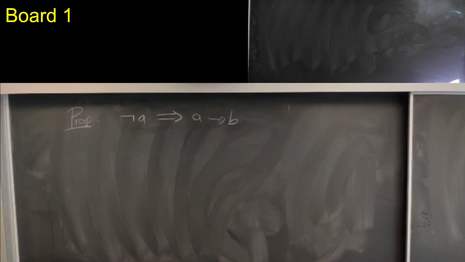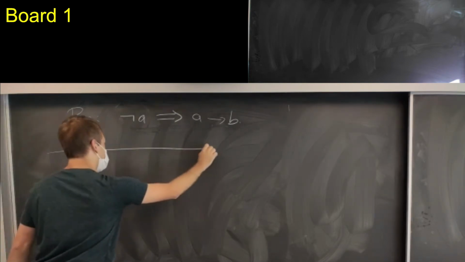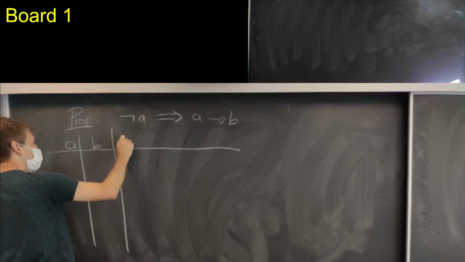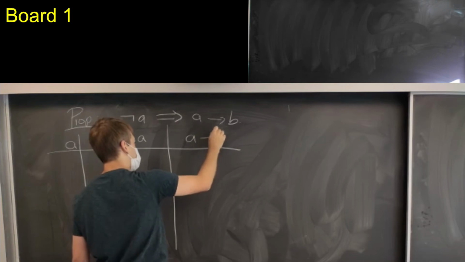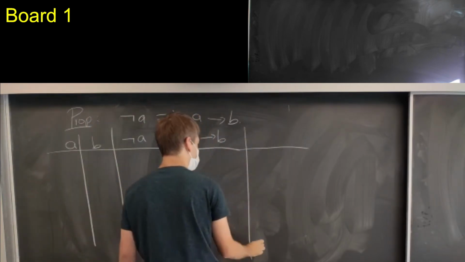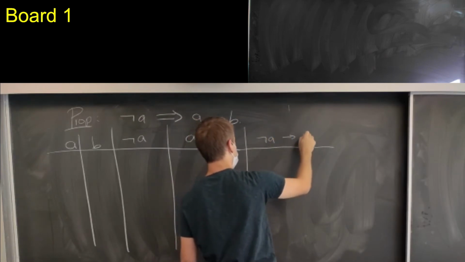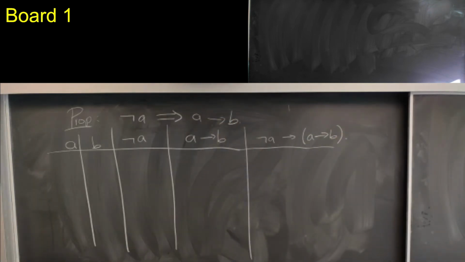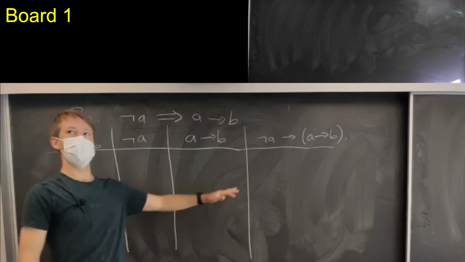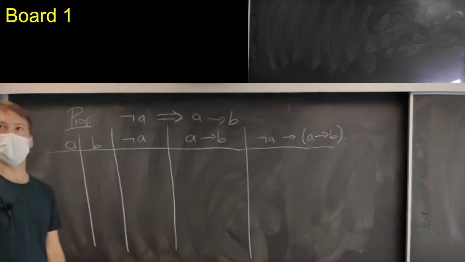But let's formally verify this with the truth table again. So we got A, B. Let's go with not A, and let's do A implies B. And then I'll make a column for not A implies A implies B. If you don't want to write this last column, at the end you can just argue that everything worked fine, and that'll be enough.